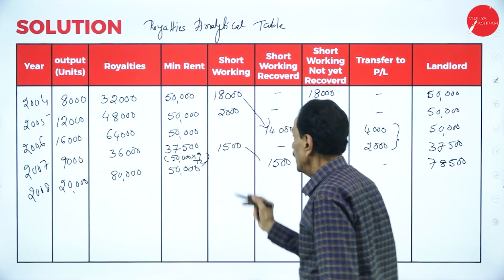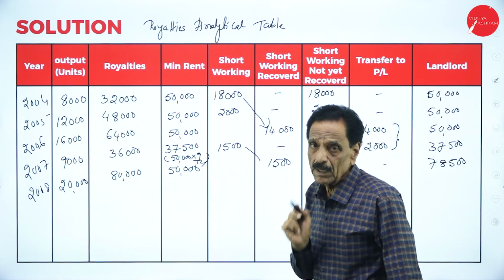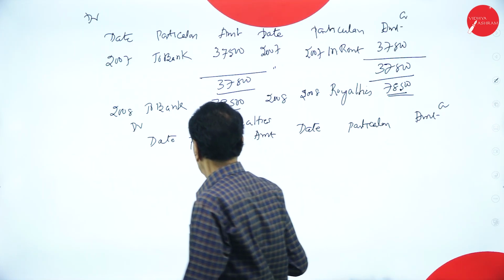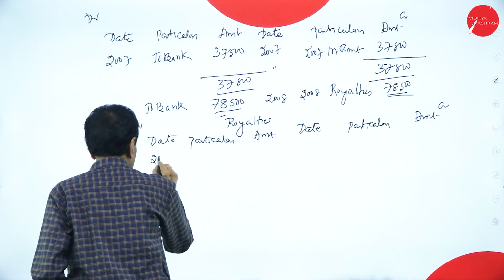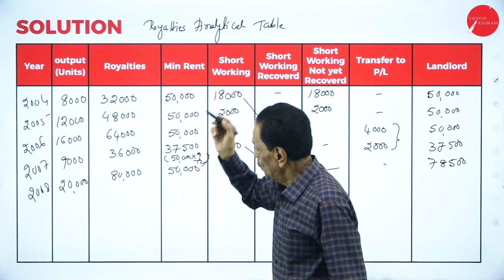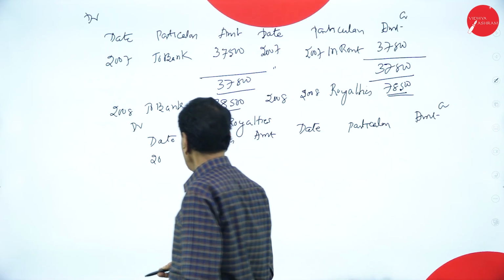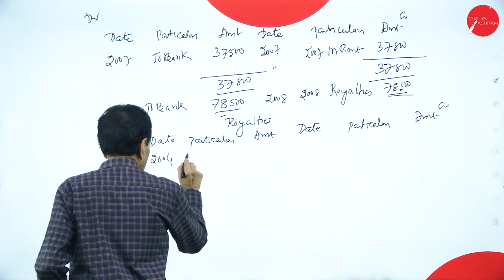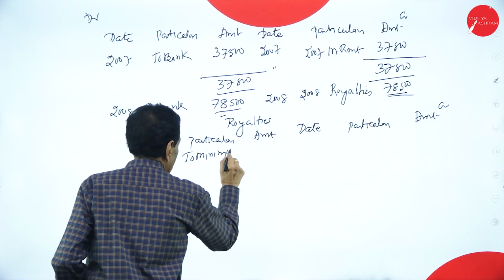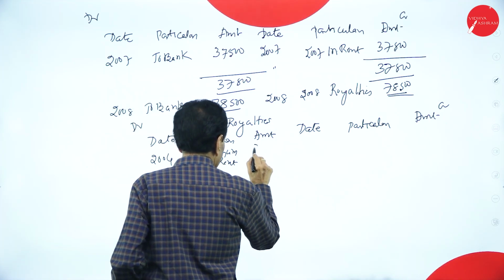The royalty account debit, short working account debit, to minimum rent account. To minimum rent, 2004. The entry: royalties account debit, short working account debit to it. So royalties to minimum rent, 32,000.